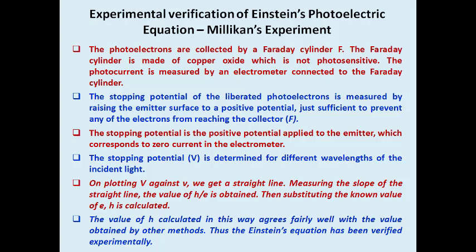We already know e is the charge of the electron, so we can easily calculate the value of h because we know the slope. The value of h calculated this way agrees fairly well with the values obtained by other methods. Thus Einstein's equation has been verified experimentally.